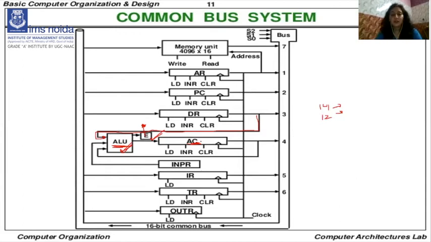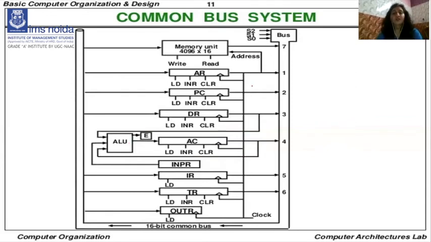And when the value goes to the accumulator, it puts the value here. Also, it can use its output and send it directly to the ALU. Clear the functioning of how the data register and the accumulator are connected through the ALU. Clear?